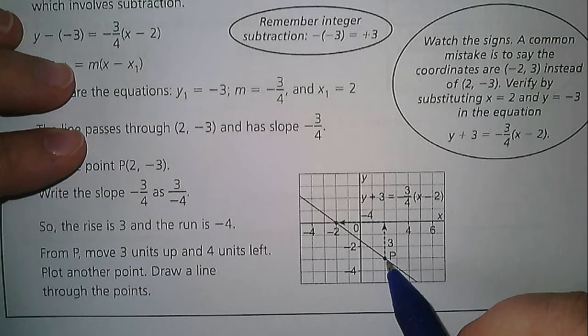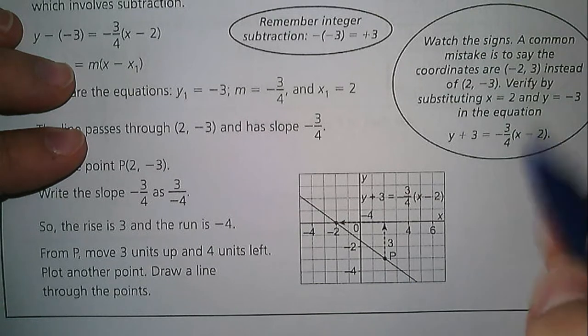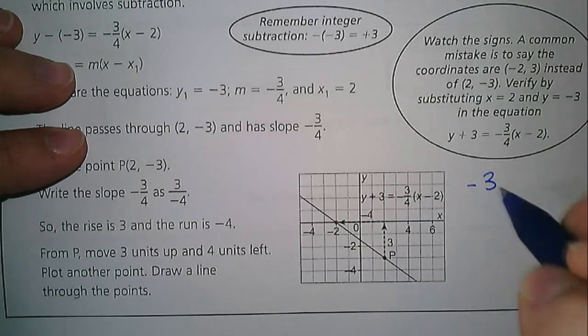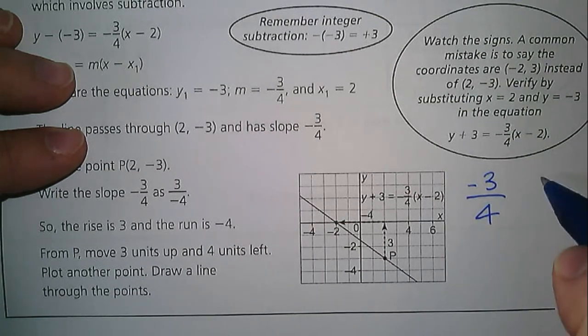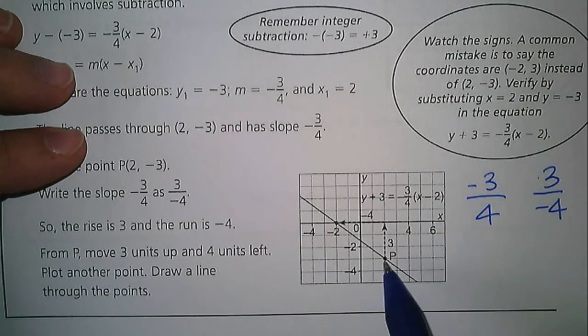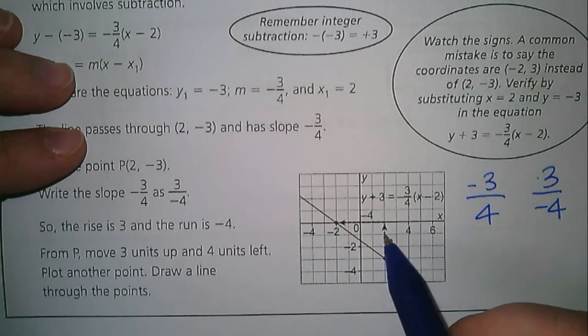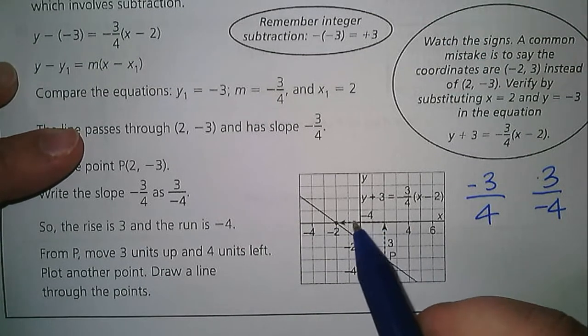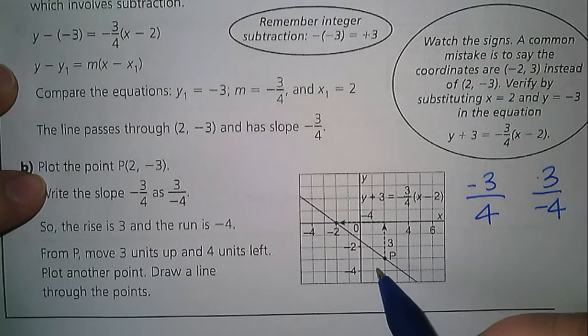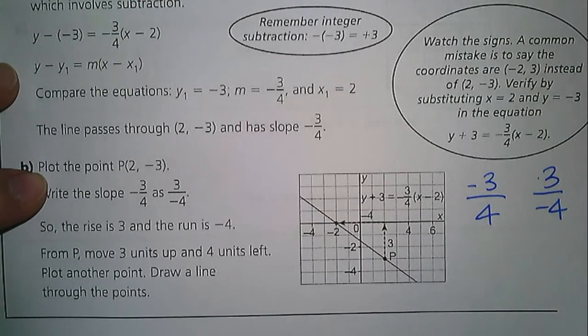They gave me -3 over 4, so that means I can go -3/4 or 3/-4. In this case, they went with the second. They went up 1, 2, 3, and then to the left 1, 2, 3, 4. They drew the second point and then they connected our line.